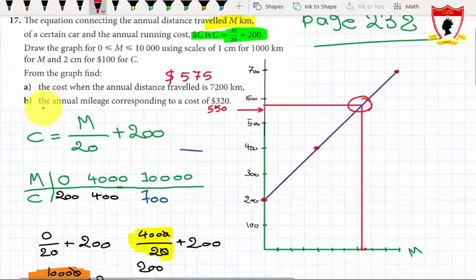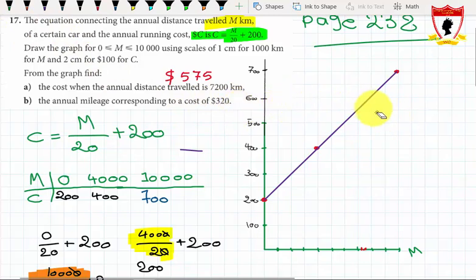Part B, the annual mileage corresponding to a cost of $320. Then where is $320?